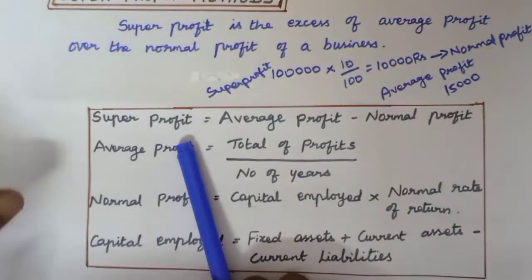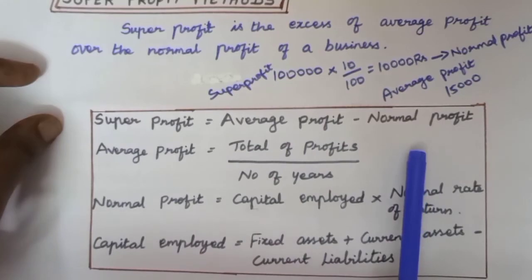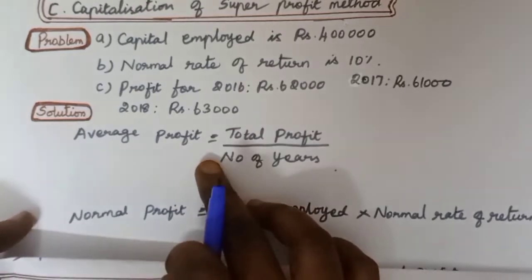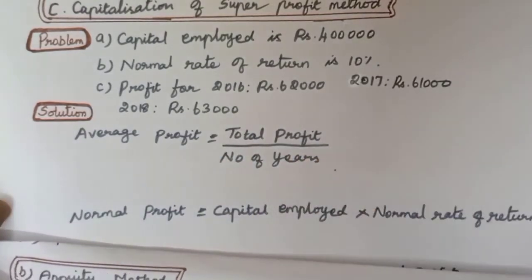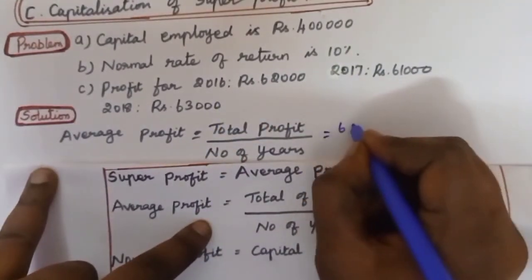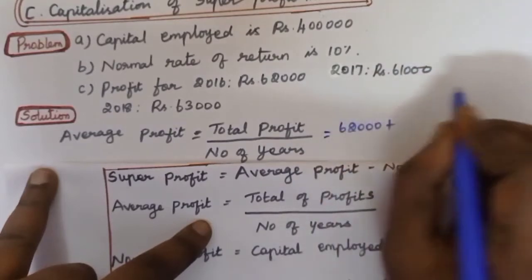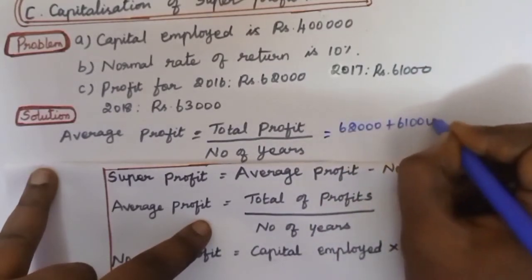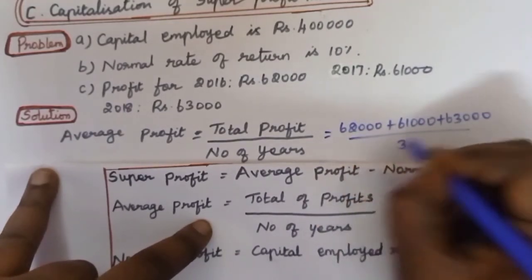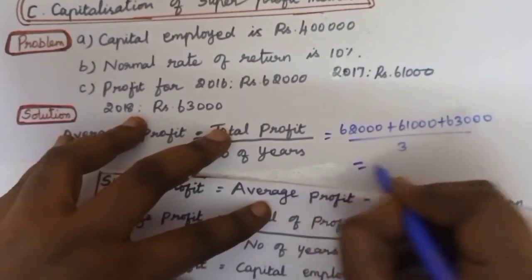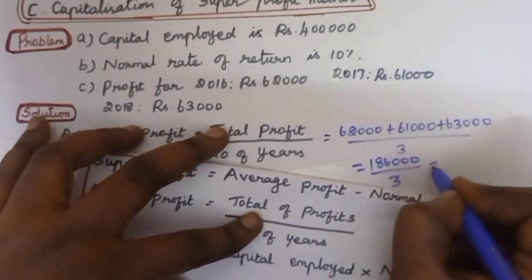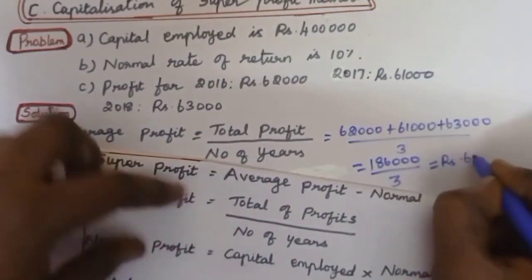Super profit is equal to average profit minus normal profit. First, find out the average profit. Average profit is equal to total profit divided by number of years. Total profit: 2016 62,000, 2017 61,000, 2018 63,000, 3 years. Total profit is 1,86,000 divided by 3. We will get rupees 62,000.